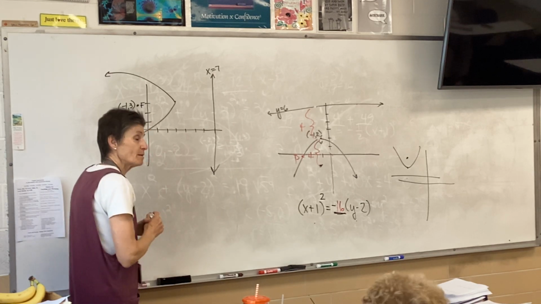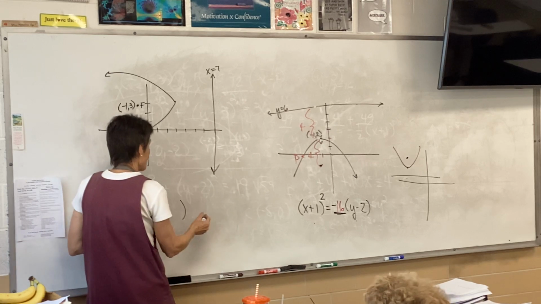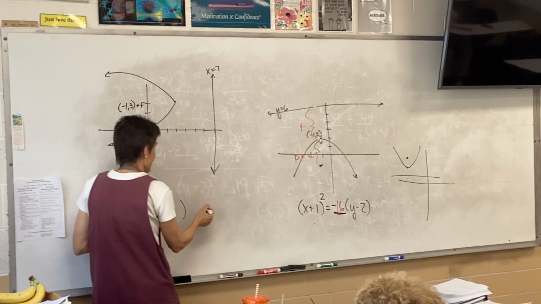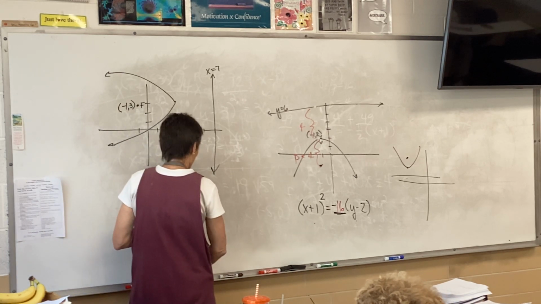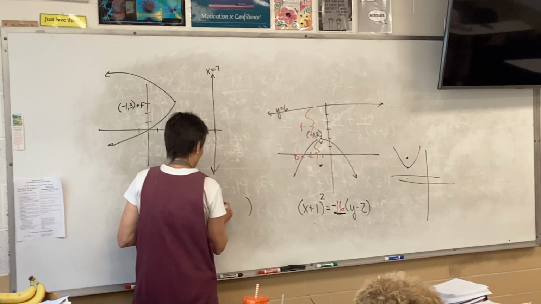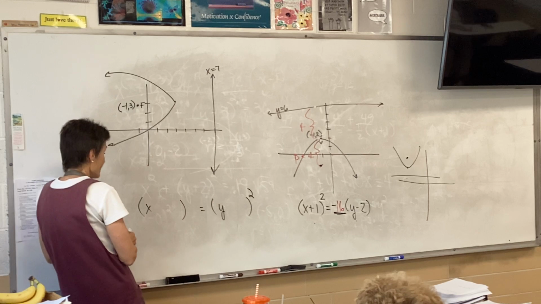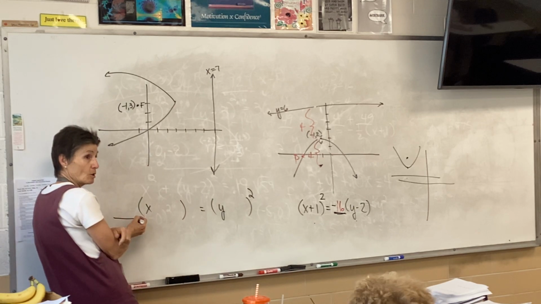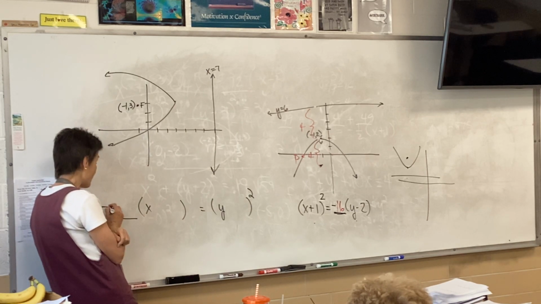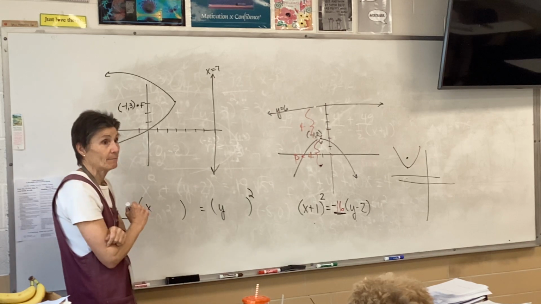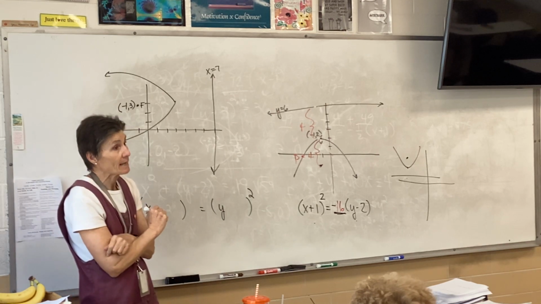Because it opens to the left, which of my, I have an X parentheses and a Y parentheses, which one is squared? The Y is squared. So my extra number goes over here, and it's gonna be negative. Would everybody agree with that? Left is negative.